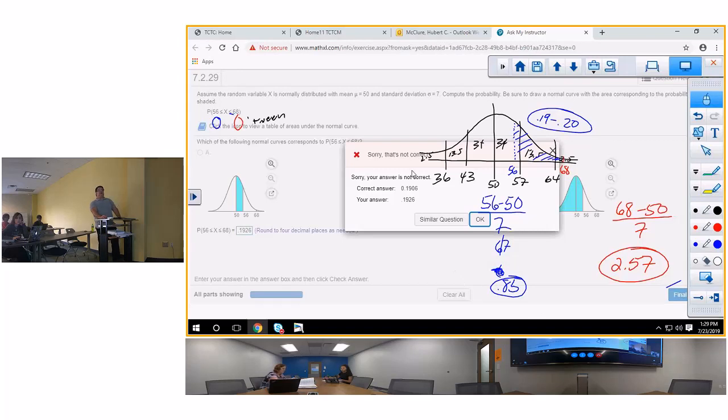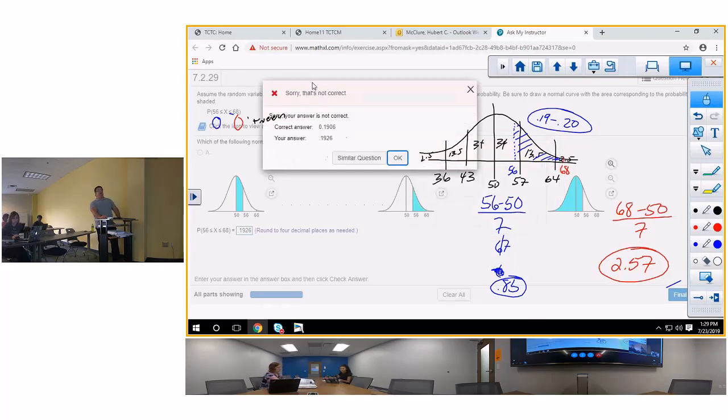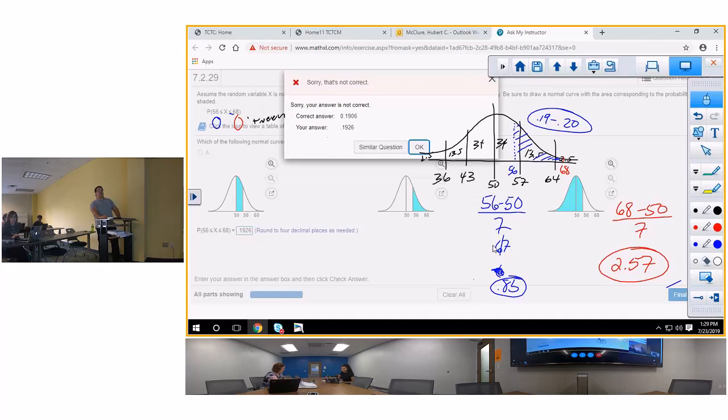Check it. Check those z-scores y'all gave me. What's 6 divided by 7, make sure that's 0.85. And then 68 minus 50, that's 18 divided by 7? Check them. Somebody must have rounded off or something.